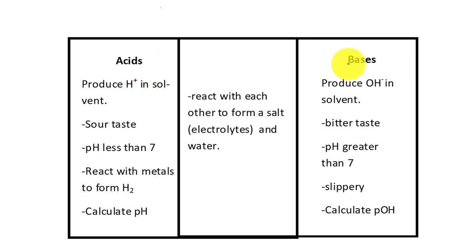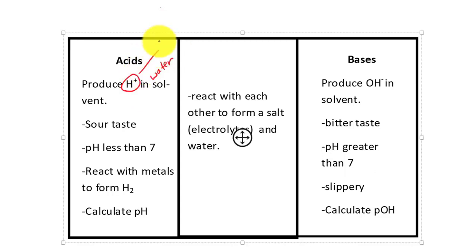First of all, I have the Venn diagram that describes the unique characteristics of acids and bases. For acids, it always produces this H plus in a solvent, specifically a water solvent in most cases. Sometimes they don't write H plus, they would have H3O plus.